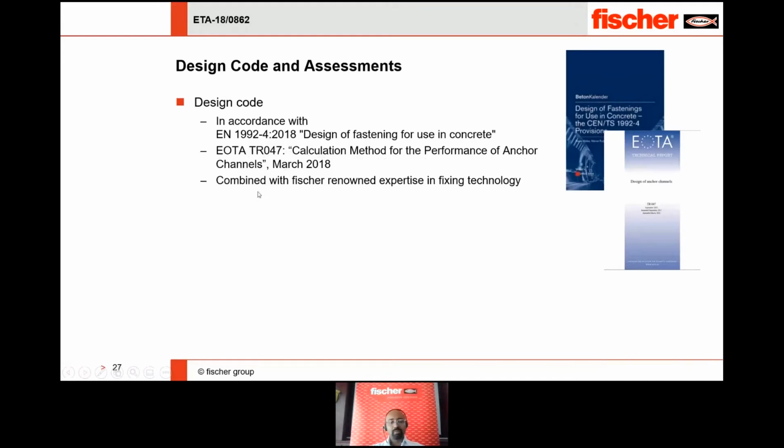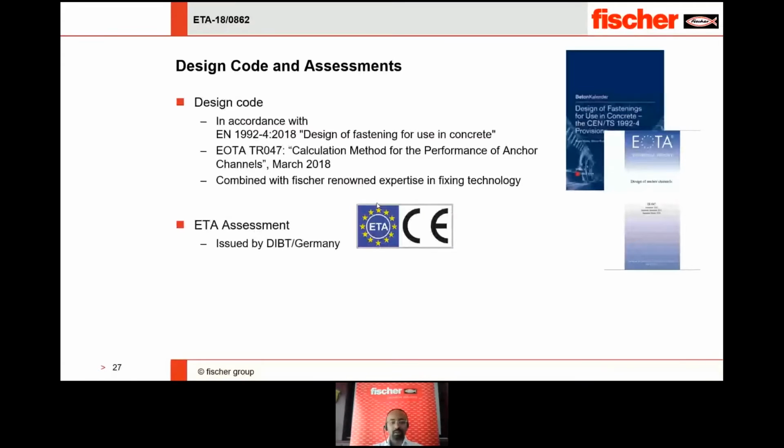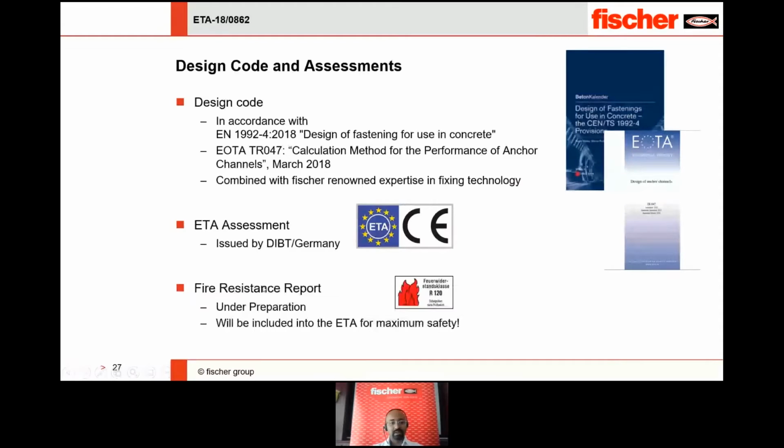And we combine this with our years and decades of experience in the fixing business. We have a very strong engineering team who can work with any complex solutions. The products all satisfy the ETA assessment criteria and also have fire reports.